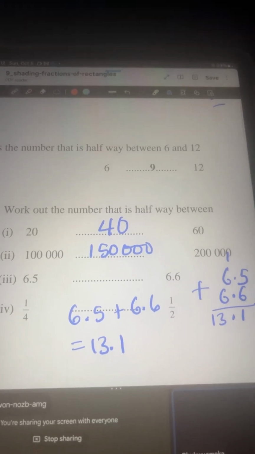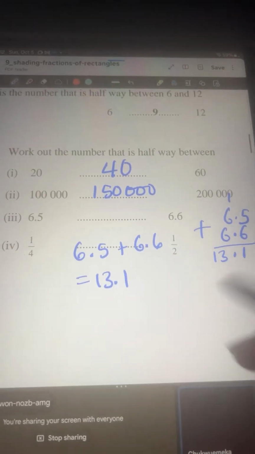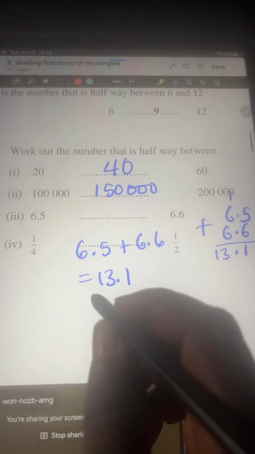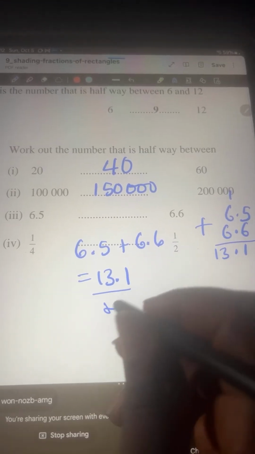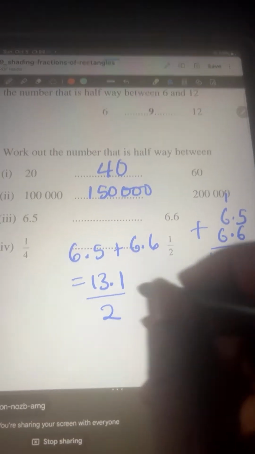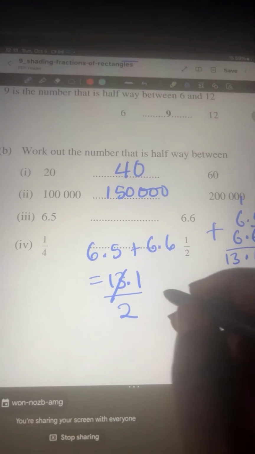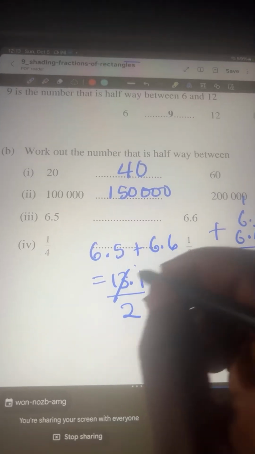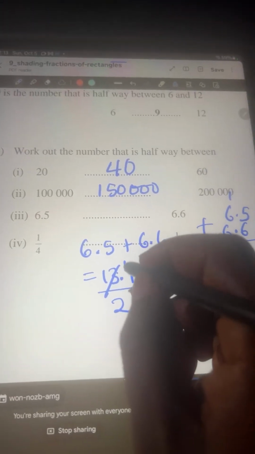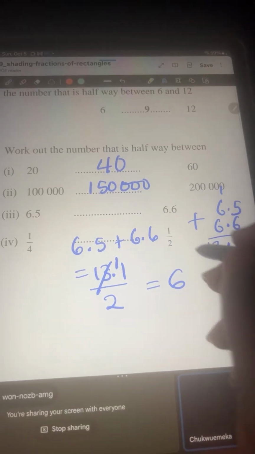So let us divide 13.1 by 2. You know, 13 divided by 2 will give us 6, remainder 1, right? Put that one here, it becomes 11.